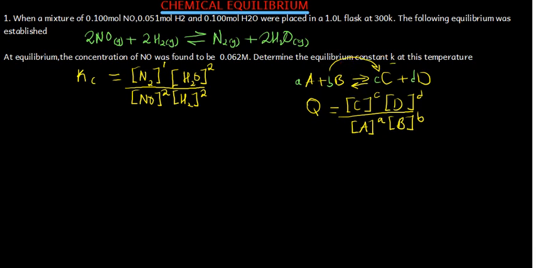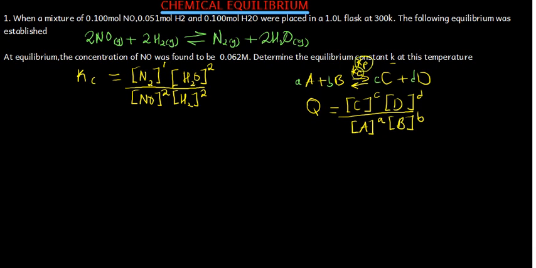And that is when we use K, the equilibrium constant. When we're talking about concentrations, it becomes Kc. But when you're talking about partial pressures or pressures, you use Kp. But these two are not equal.